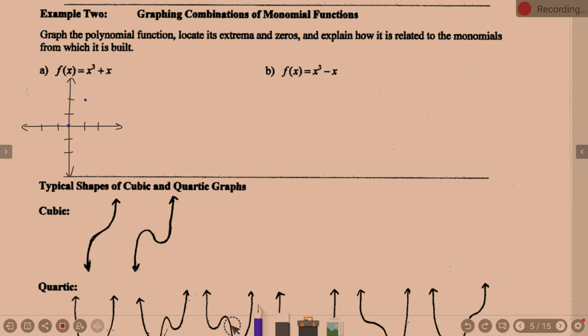What about when you put in negative 1? Negative 1 to the third is negative 1, plus another negative 1, which is going to put me at negative 2. Okay, that's what your graph looks like.